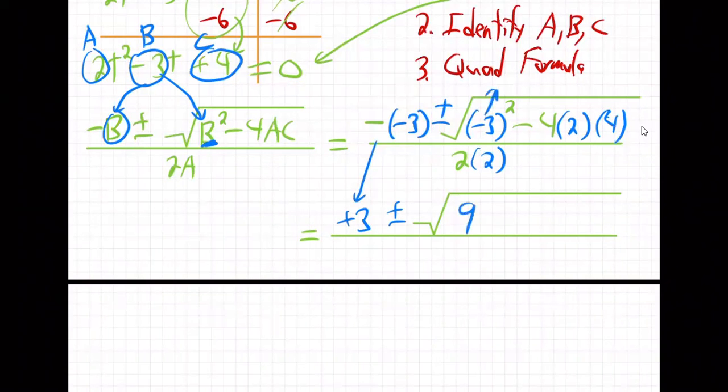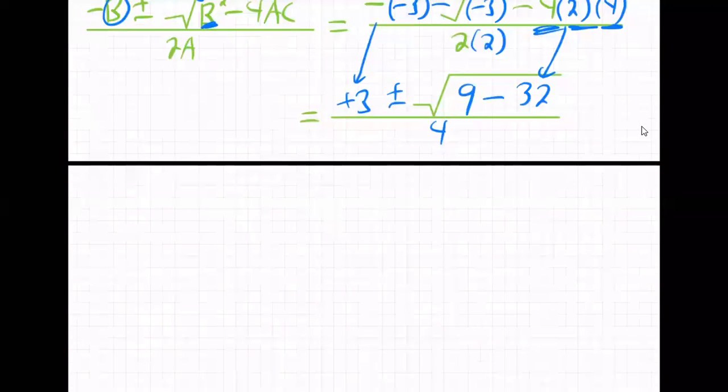This of course means -3 times -3, which is +9. Then here it's minus, and then 4 times 2 times 4. I think that's 32. All over 2 times 2 is 4.